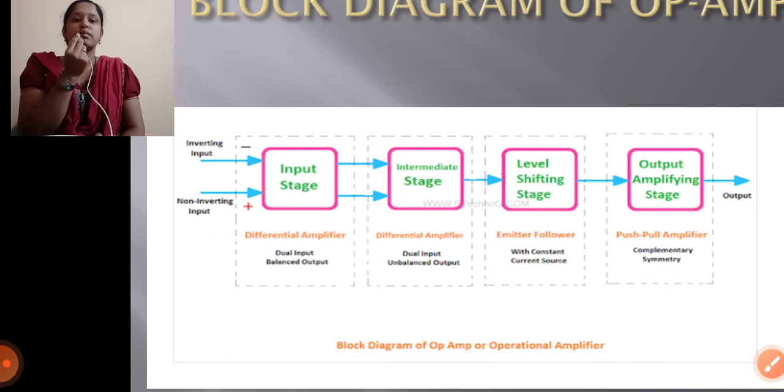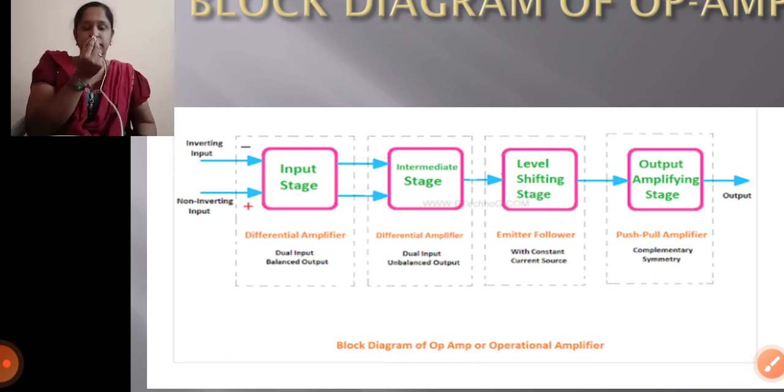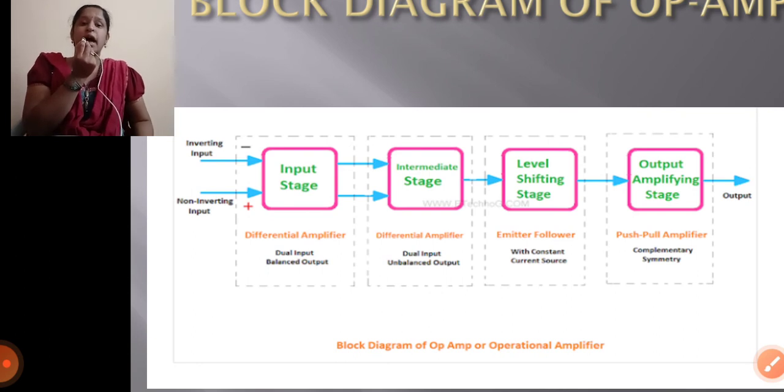In this stage we can get the high gain of the amplifier, and that means it is dual input and balanced output. If you give the inverting and non-inverting voltages, you can get the high gain of the amplifier in this stage, and it also establishes the input resistance of the operational amplifier.